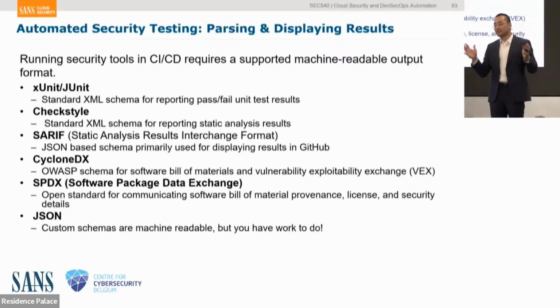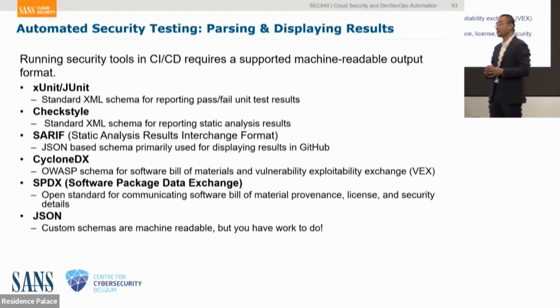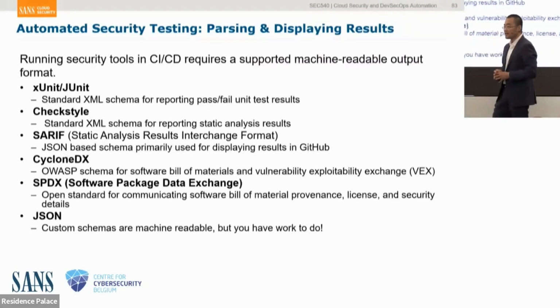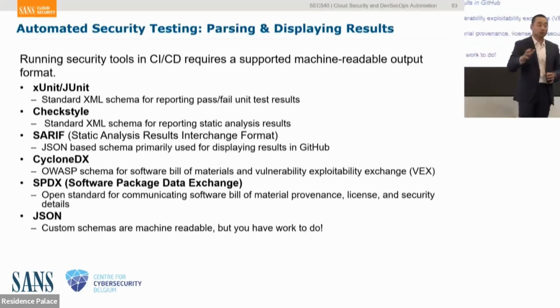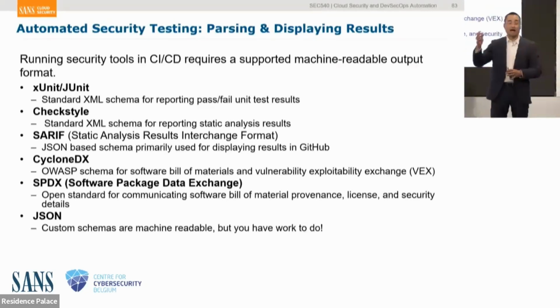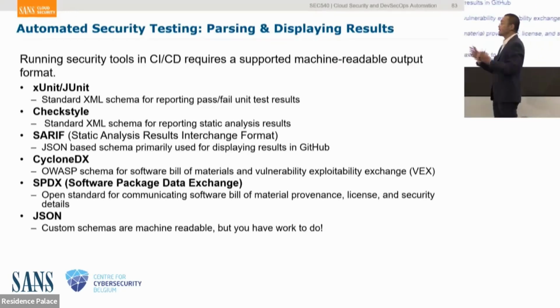Now, from a technical perspective, if you've got this plethora of tools, dozens and dozens of different tools, well, how do you go about automating it? Automating the results, the findings, depends upon using a common reporting format. As you can see here, there's a number of common reporting formats that you can configure your tools to output in. JUnit, XUnit format is a common one.